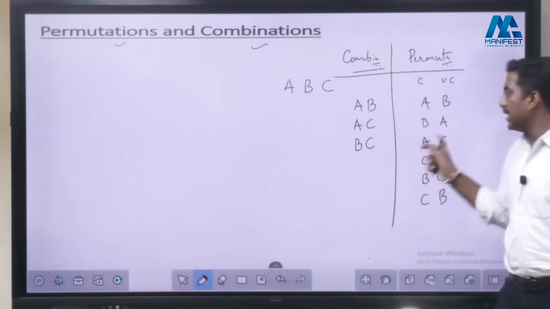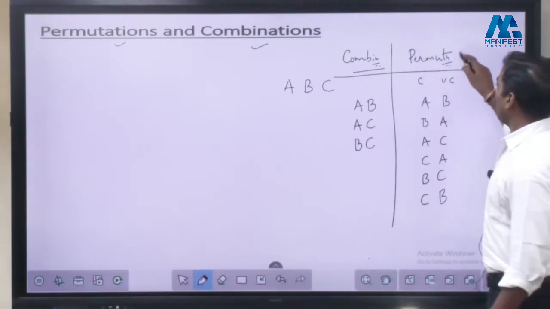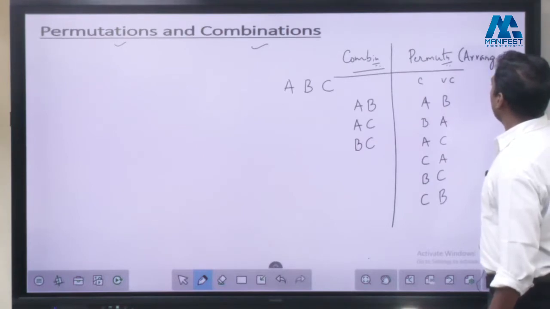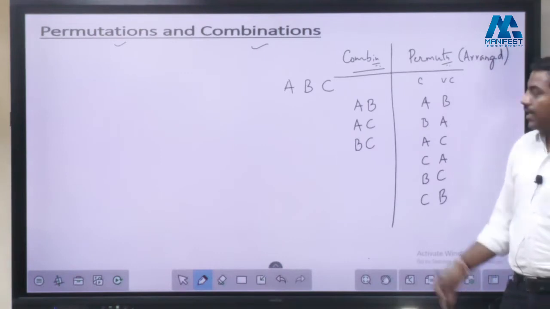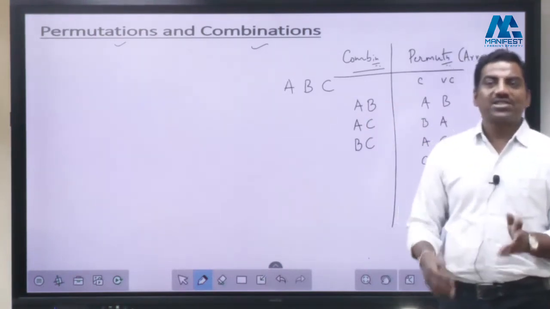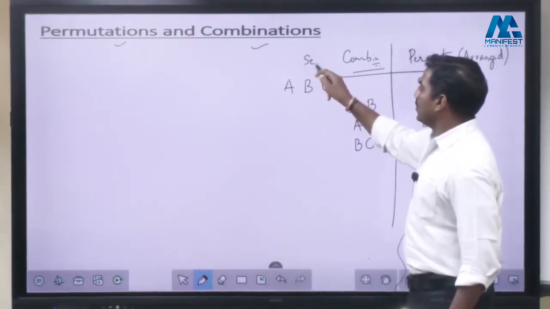What extra have we done here? Basically here we have arranged. Here AB we have taken. This is just selection of 2 people.